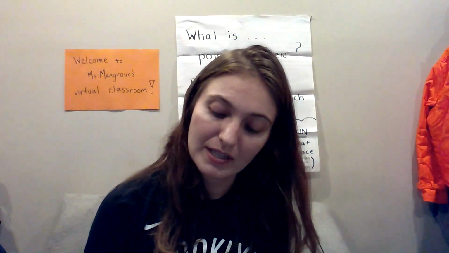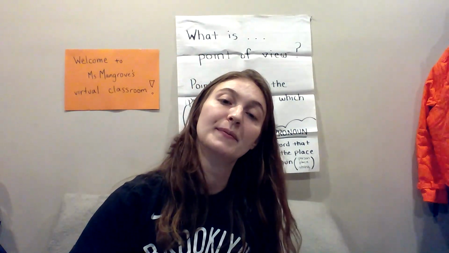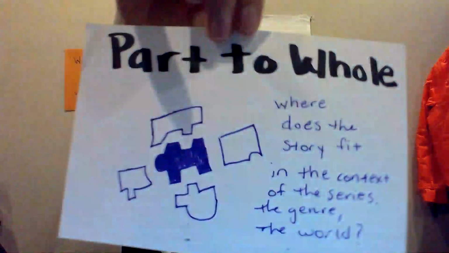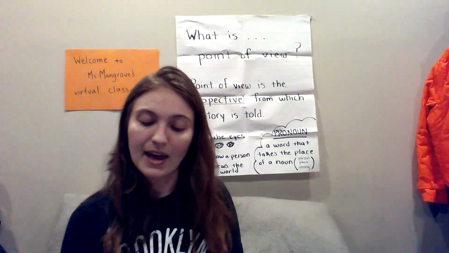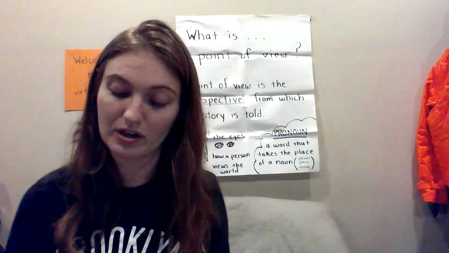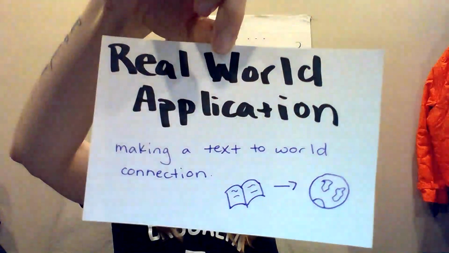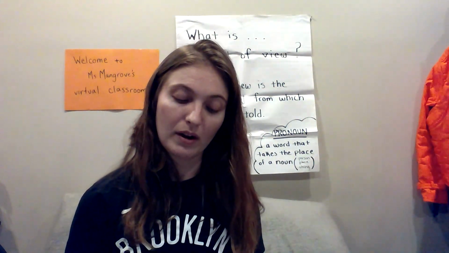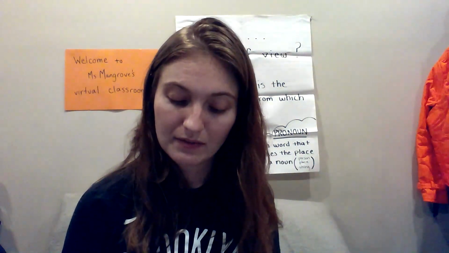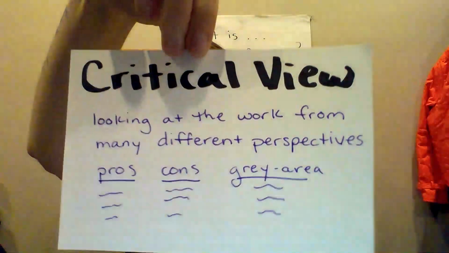Where does the story fit in the context of the series, the genre, the world? Part to whole. Making a text-to-world connection is real-world application. Looking at the work from many different perspectives is the critical view.